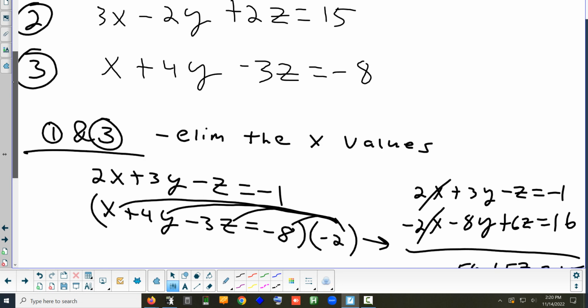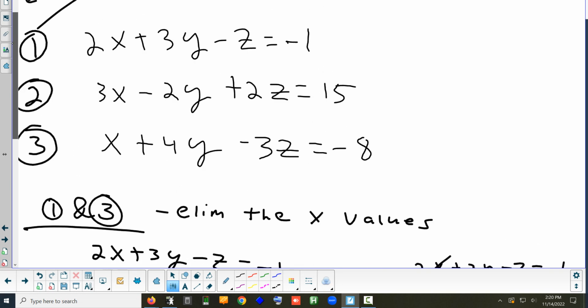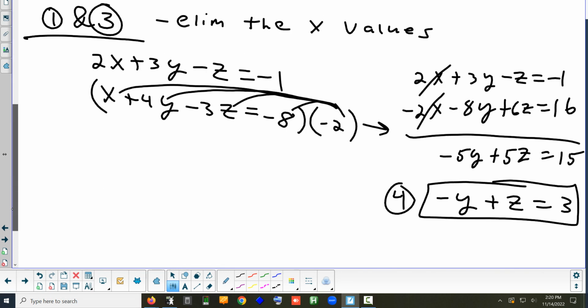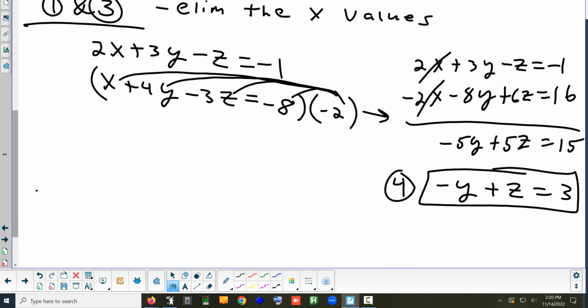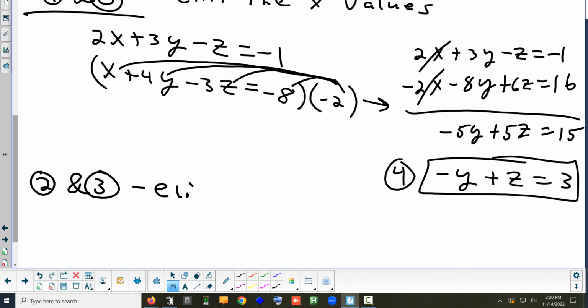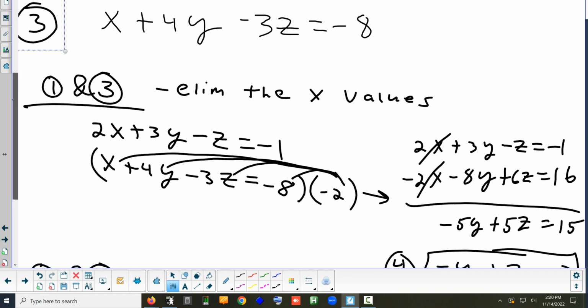So you have to get rid of the x again. But you already did equations 1 and 3. What 2 equations do you think I want to pick this time? 2 and 3. I would do 2 and 3. So now let's do 2 and 3, and we're going to eliminate the x again. Okay, let me copy them down.